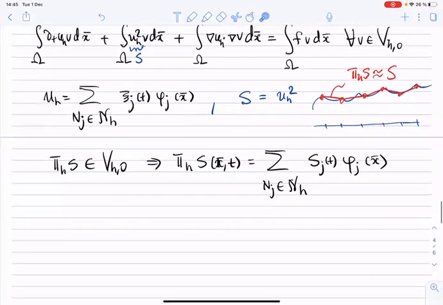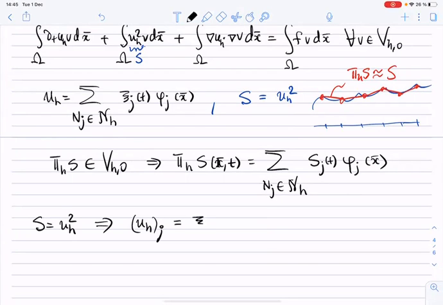But we know that S was U square, or in fact Uh square, and therefore we know that Uh at the nodal values, if I just take Uh at a nodal value, it is actually psi at the nodal value.